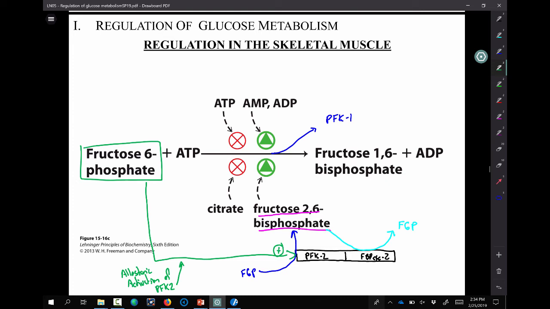So if glucose 6-phosphate concentrations are going up, fructose 6-phosphate concentrations are going up. That will feed forward and activate PFK2, which will make fructose 2,6-bisphosphate from fructose 6-phosphate, activating PFK1, activating glycolysis, so that ATP can be generated by the glycolytic pathway. Okay.